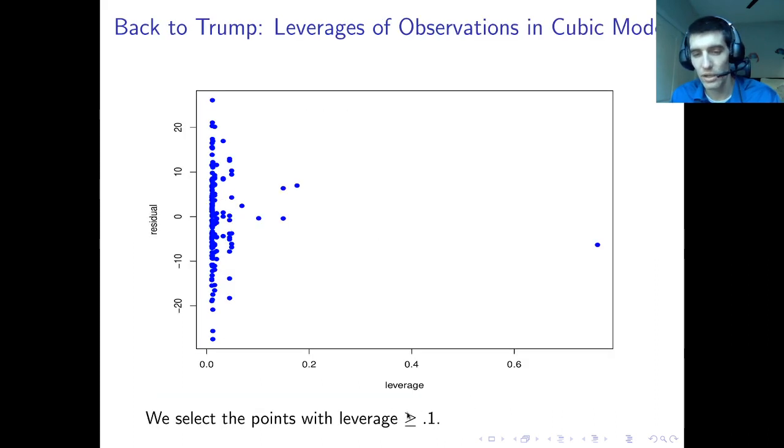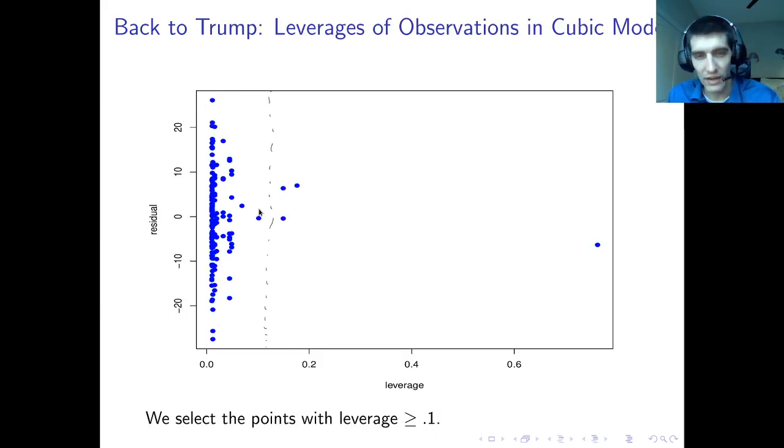But I'm just going to select 0.1 as a way of chopping off some of the points, so I can look at some of the high leverage points and see if there are any trends between them. 0.1 is just a reasonable cutoff where I have 4 points to investigate. If I broke it off over here, I might have a couple hundred. So 0.1 is just what I'm going to go with as an idea of what is high leverage.